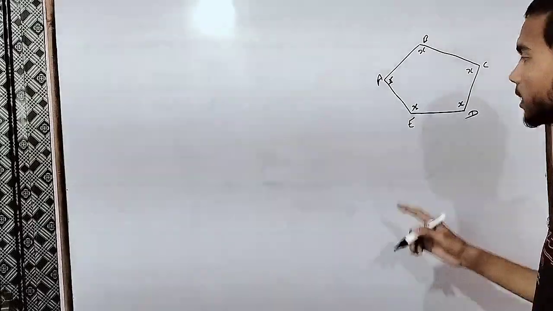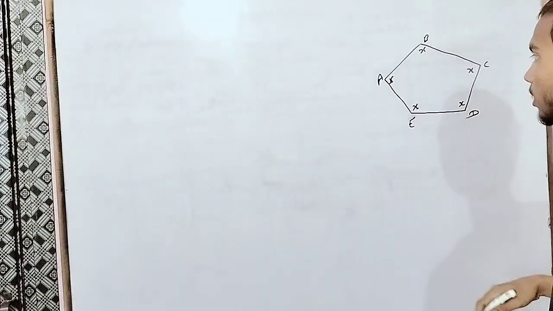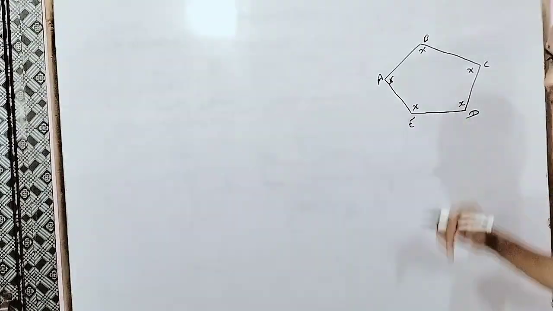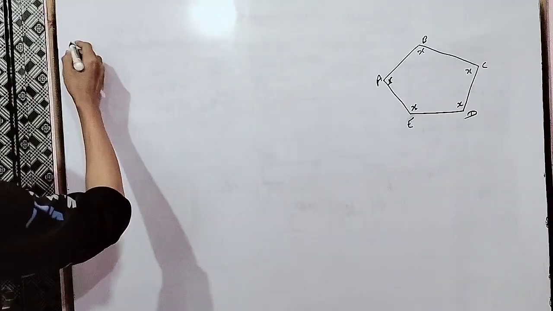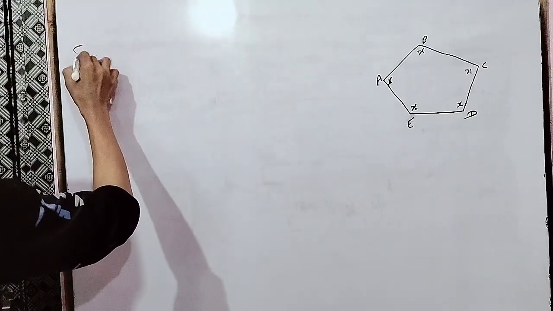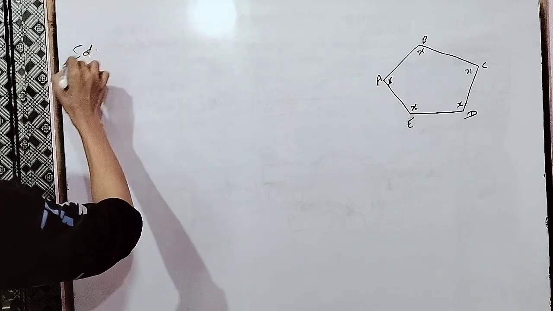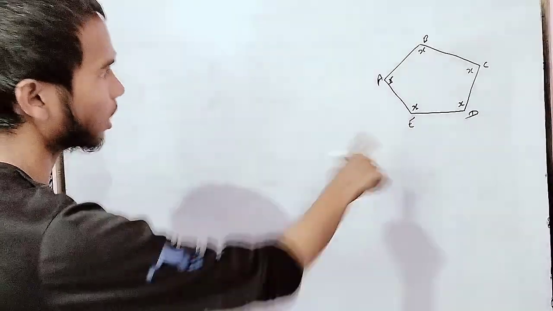Now A, B, C, D. This is X. This is X. This is X. Krishna is saying, find the value of X.